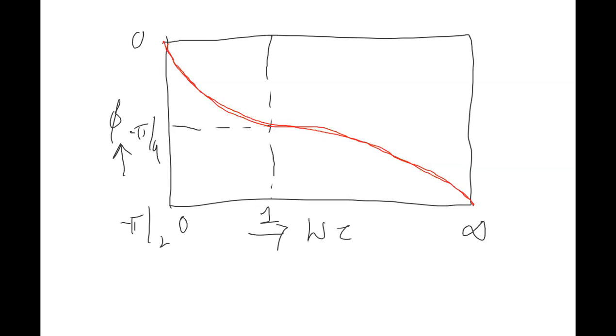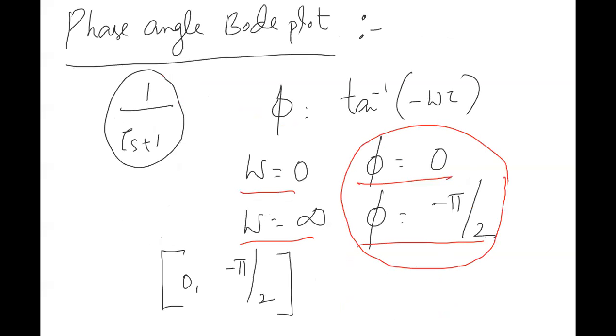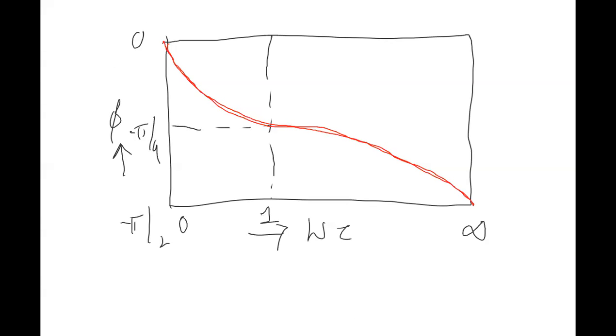So here it is directly the plot of phi versus omega tau, the direct plot. Here there is no log-log plot. Clear?